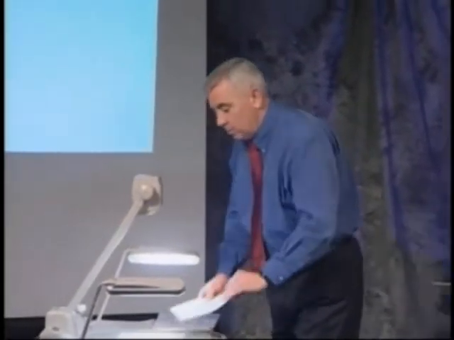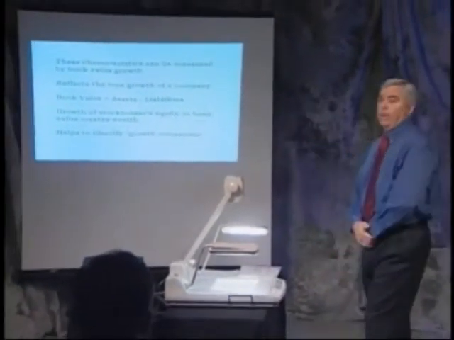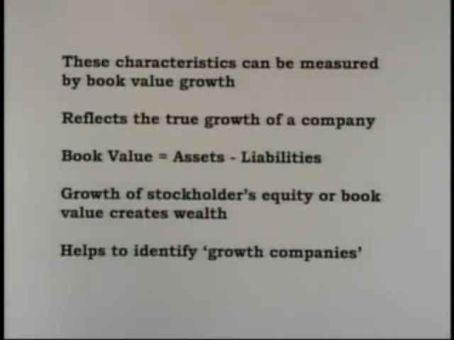Now, the way we measure the real growth indicator is we measure the book value growth. And the book value is calculated by subtracting the liabilities from the assets of a company. So if you can track the book value growth, then you're going to track all those favorable characteristics, and also the unfavorable characteristics.